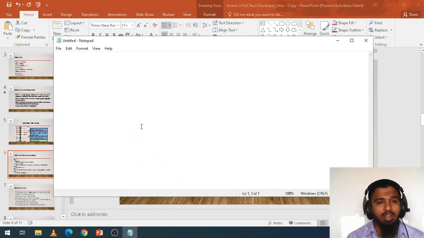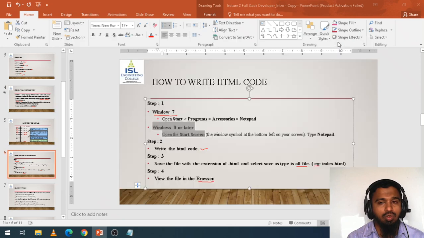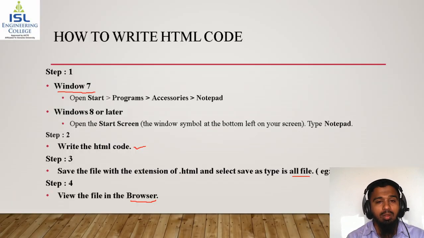So here you need to write the HTML code. Clear? Then after writing the HTML code, I will show you how to save the file. So this is how to open Windows Notepad.